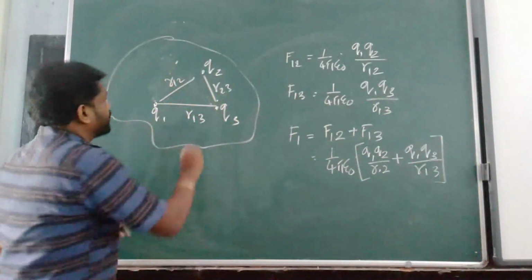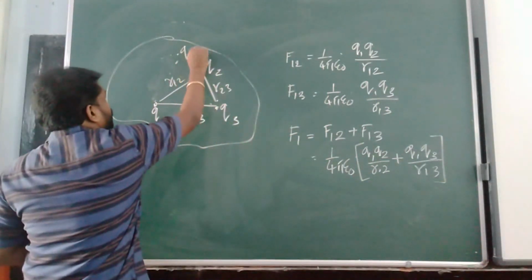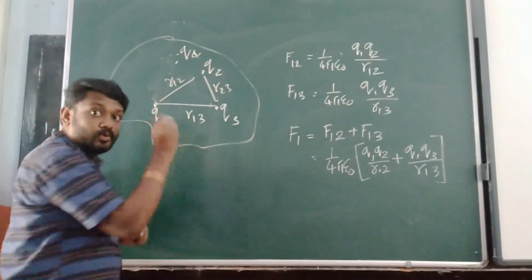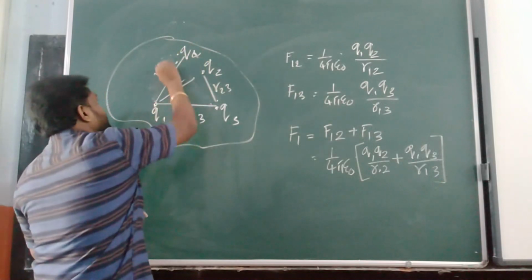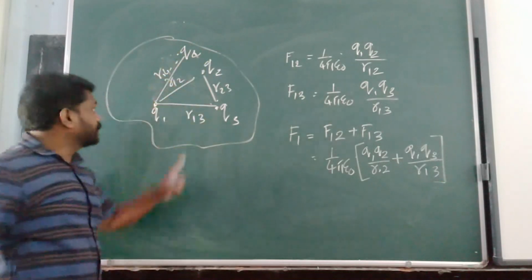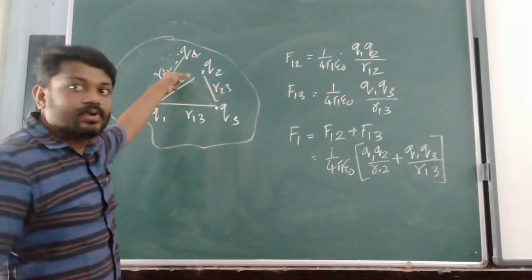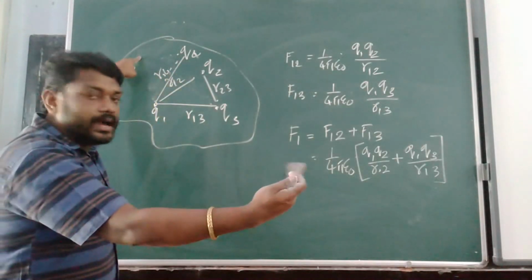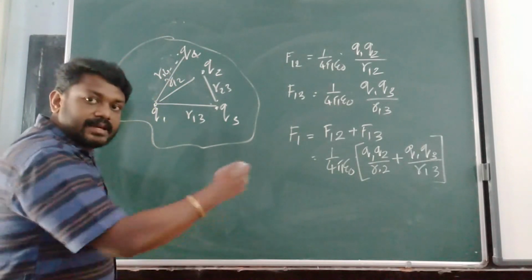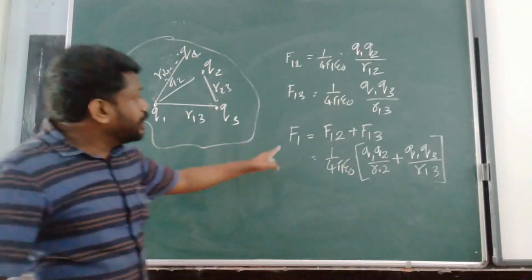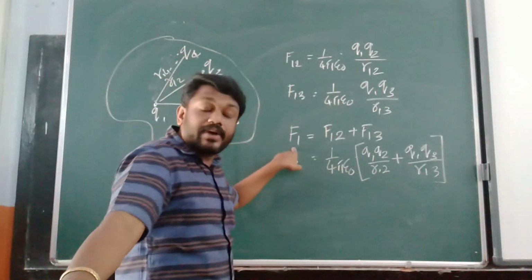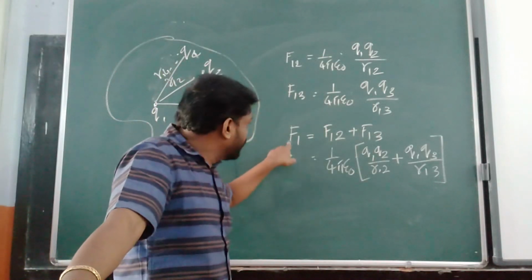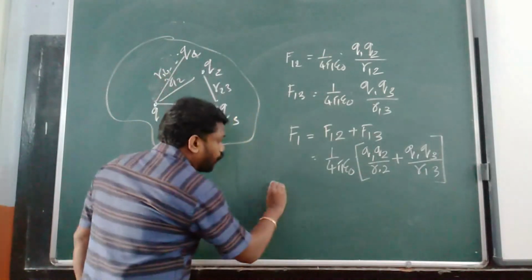If suppose there is one more charge Q4, then Q1 will experience one more force, that is F14, due to the fourth charge which is at a distance R14. If there is a fifth charge, one more force will be added, then a sixth charge, and so on. When you are finding the total force acting on Q1, we are adding all those forces.